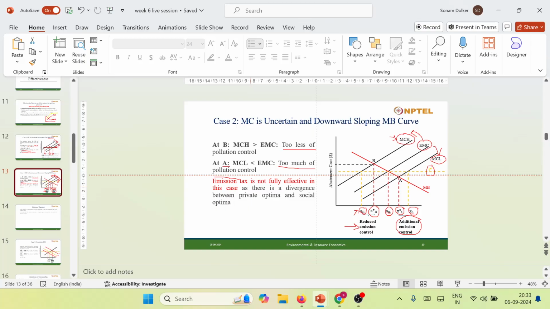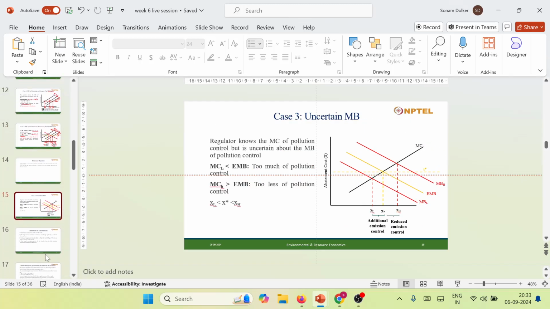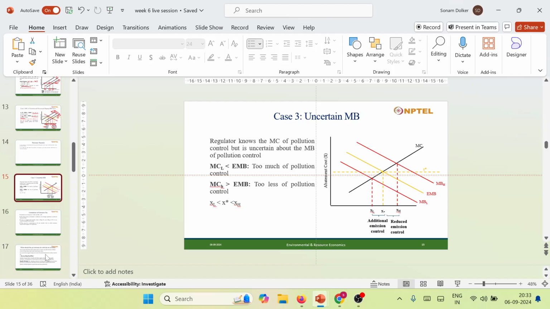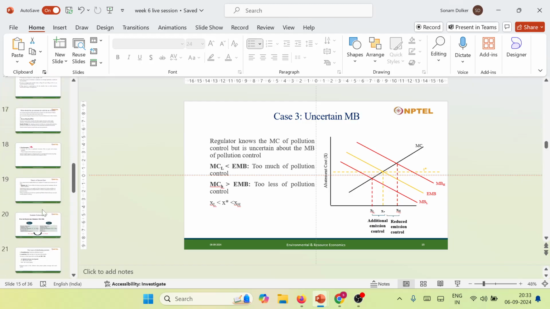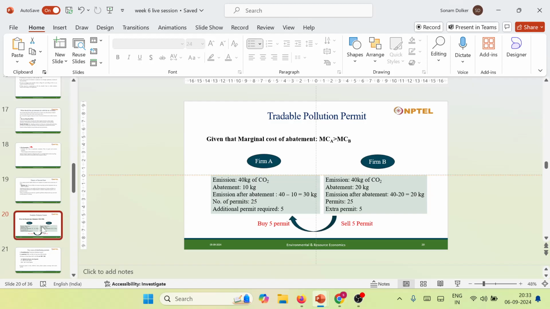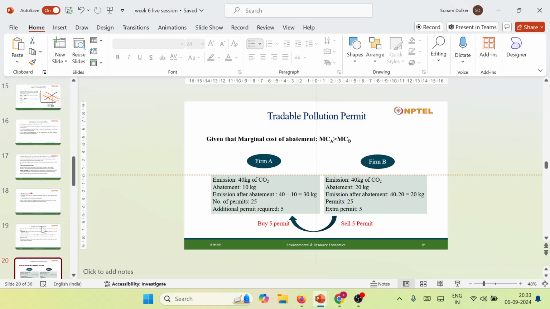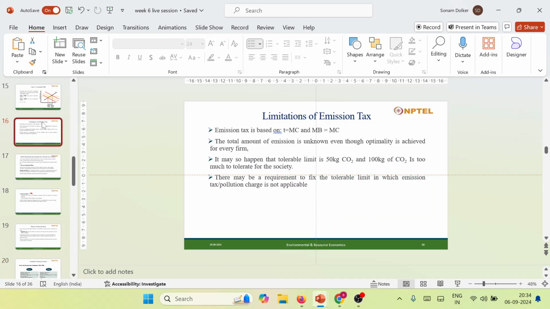So in the emission taxation system, the flatter the MB curve, the more benefit you will get out of it. And then in the next part, we have jumped to the tradable pollution permit after discussing the limitations of the Pigouvian taxation as well as limitations of the emission tax system.